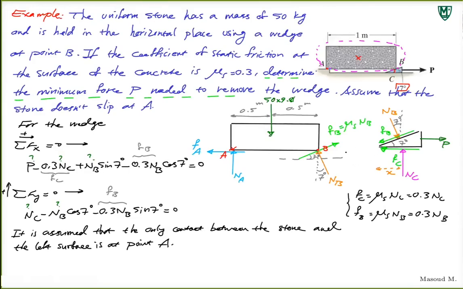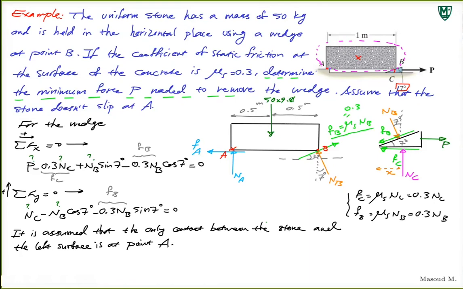And then we have the friction, right? This FB, which is mu s NB, and mu s is 0.3. So 0.3 NB. This one also, you decompose into components in X and Y direction. You are going to get 0.3 NB, which is FB, times sine 7 degrees, because that's the component that matters.